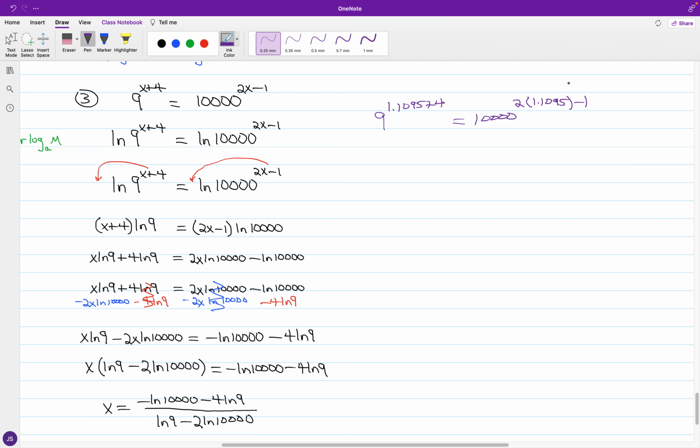Just looking at what we have here, you have for 9 raised, 75,110 point something.